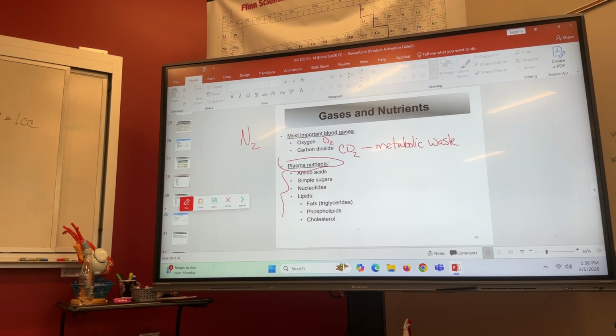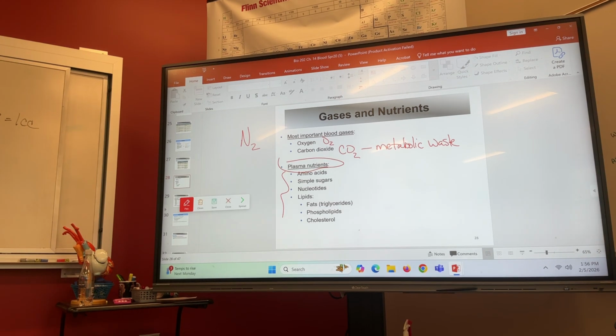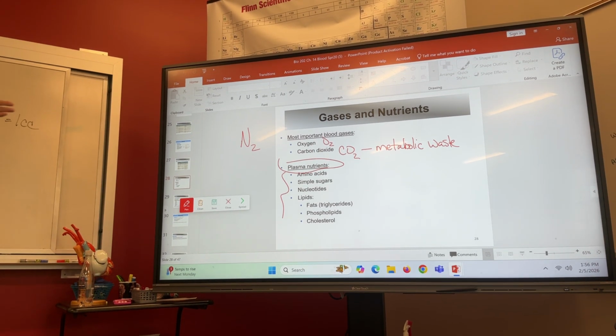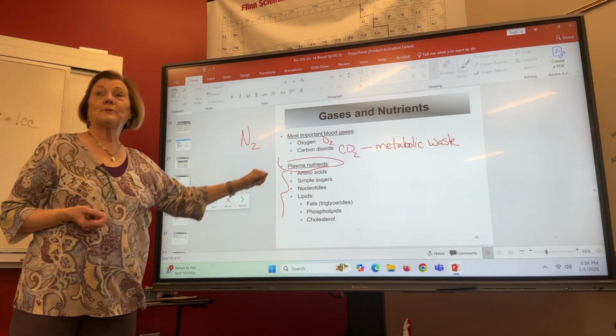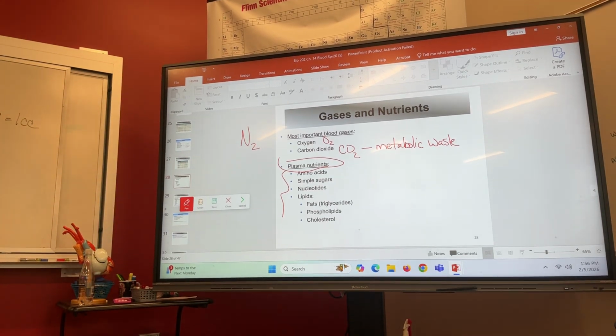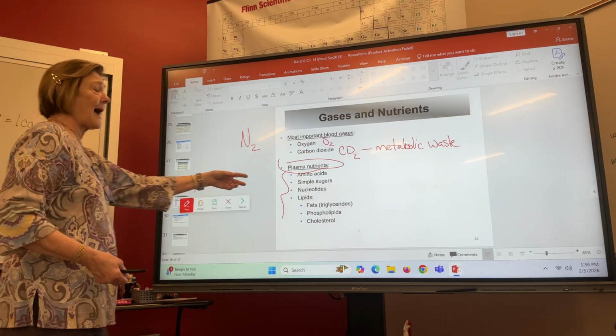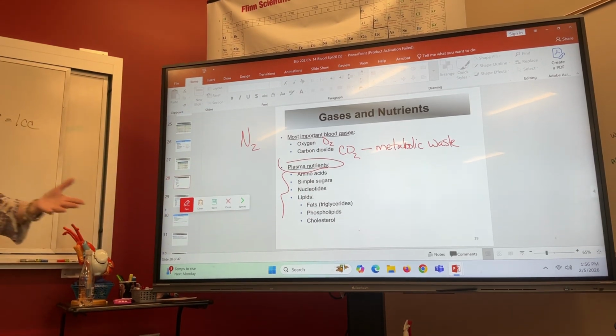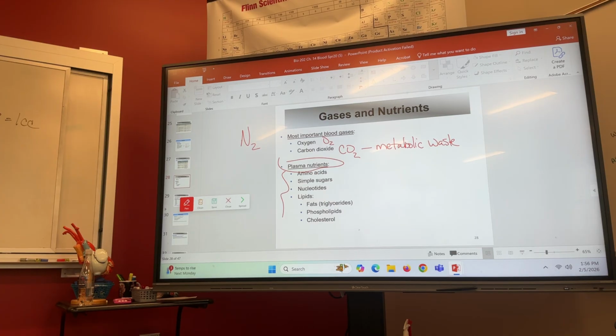Nucleic acid. Protein. Proteins. Thank you. You were having a moment there. I don't know what you were blurting out. Okay, protein, simple sugars, what? Carbohydrate. Nucleotides, what? Nucleotides. And then, of course, lipids. All right? The big 4 are everywhere.